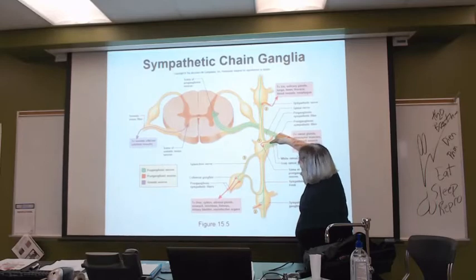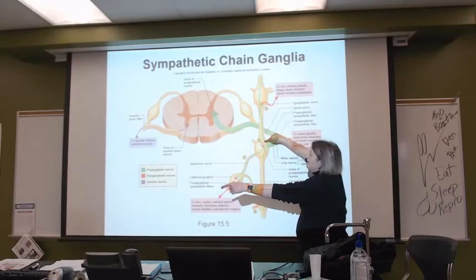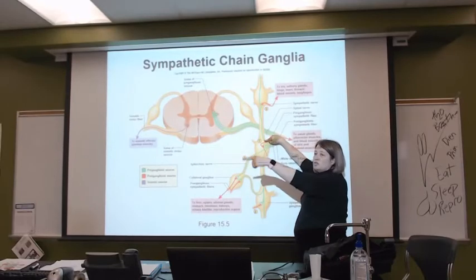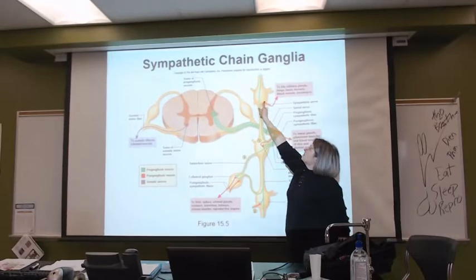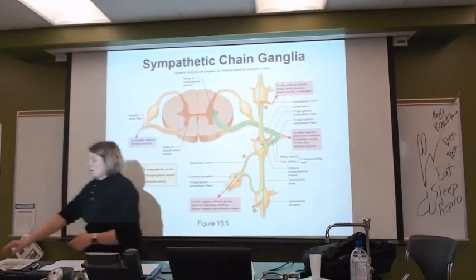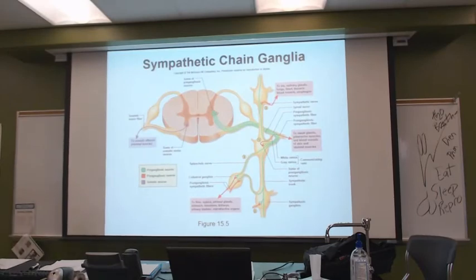This one is coming back around, and this time it's showing me that this one can travel up the chain, go somewhere, synapse, and make its way to a target organ. Bada bing, bada boom. Did everybody follow me on that one? Does that make sense? Remember how I pointed out, we have like 1, 2, 3, 4 fibers, and they will travel up the chain ganglia and out.